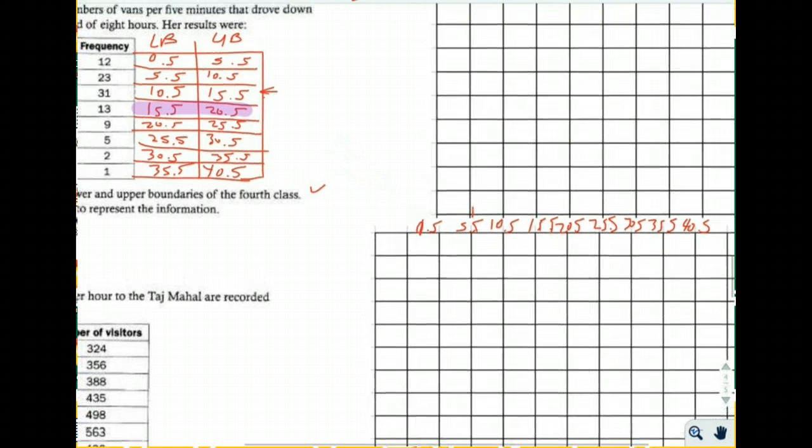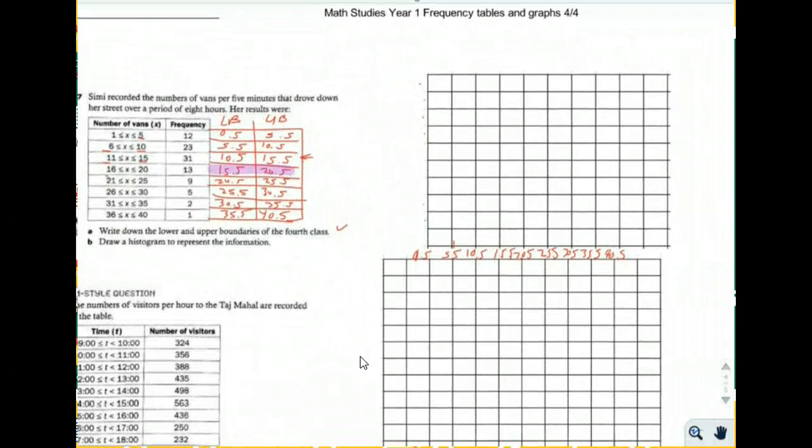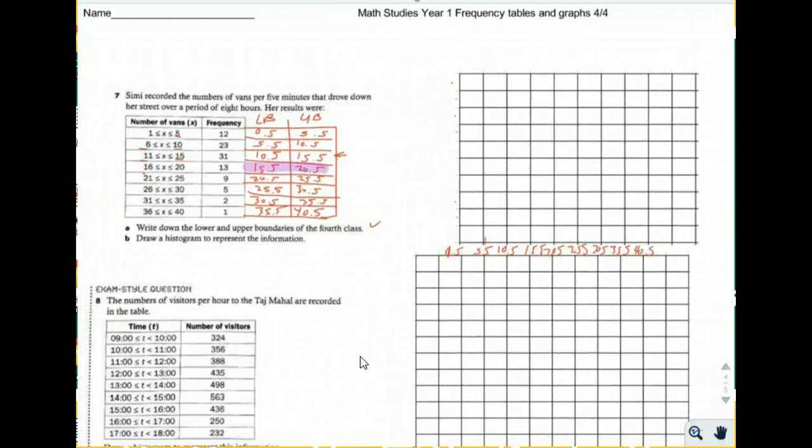And then the frequencies, we're going to put numbers ranging from 1 to 31. So we obviously don't have 31 blocks here, so we're going to have to count by 4s. We'll put 0, 4, 8, 12, 16, 20, 24, 28, 32.